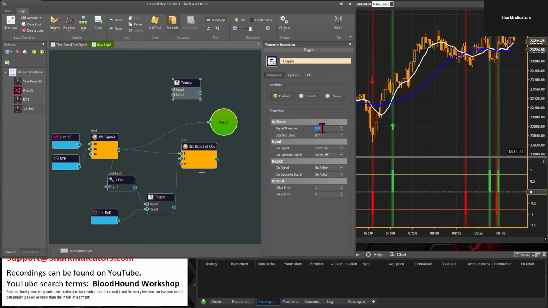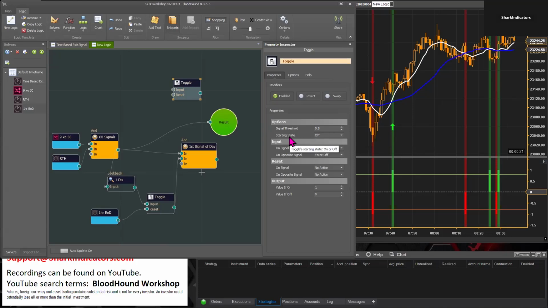But if you do have a fuzzy logic built system, you can determine how strong the signal needs to be to turn the toggle node on and off. Since nobody's really using fuzzy logic, I'm not going to go much further into that.